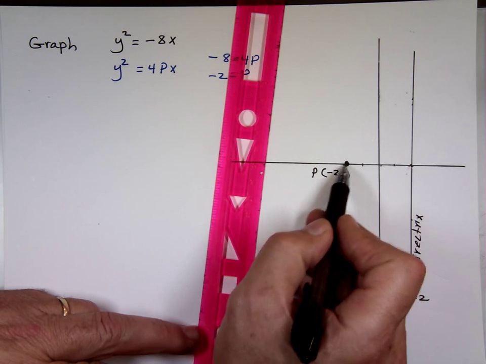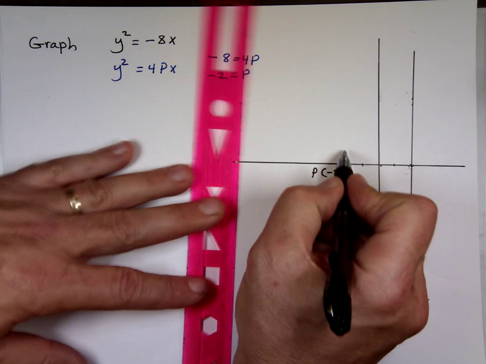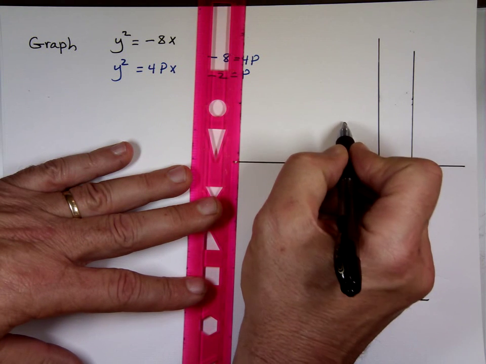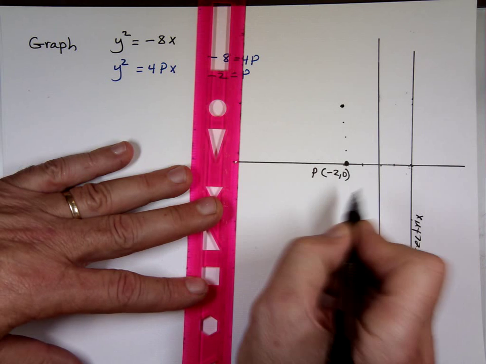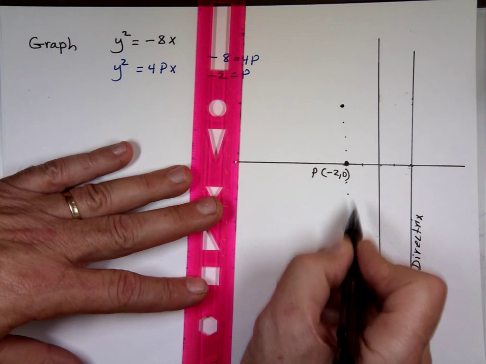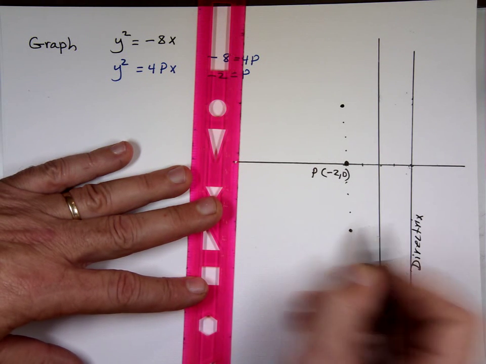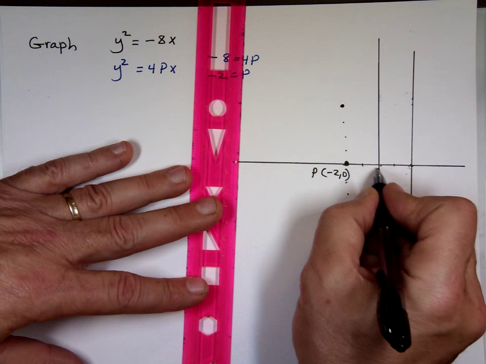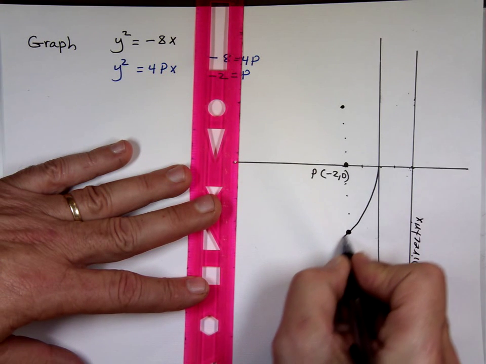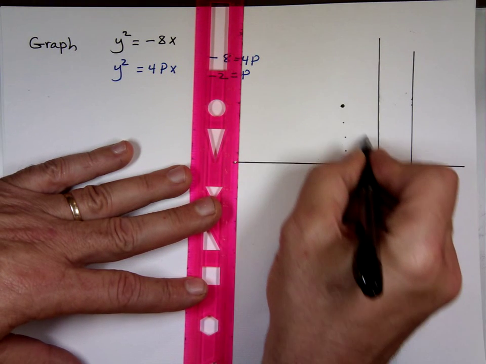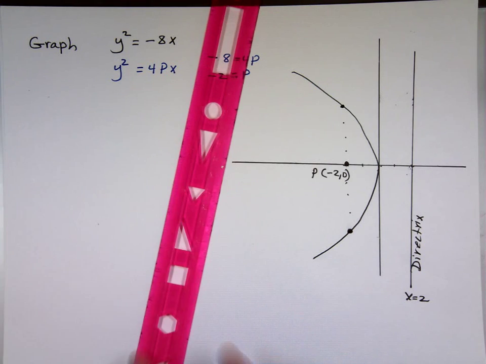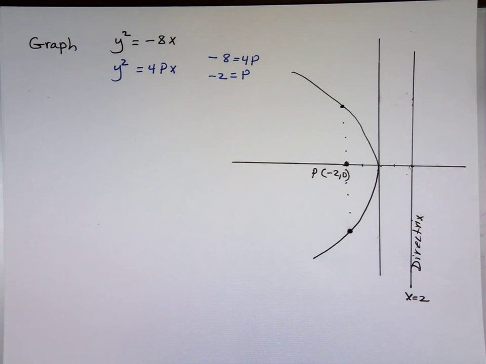Is that a 4? Let me go 4 up. 1, 2, 3, 4. 4 down. 1, 2, 3, 4. So my graph should look like this. That's the graph of that parabola.